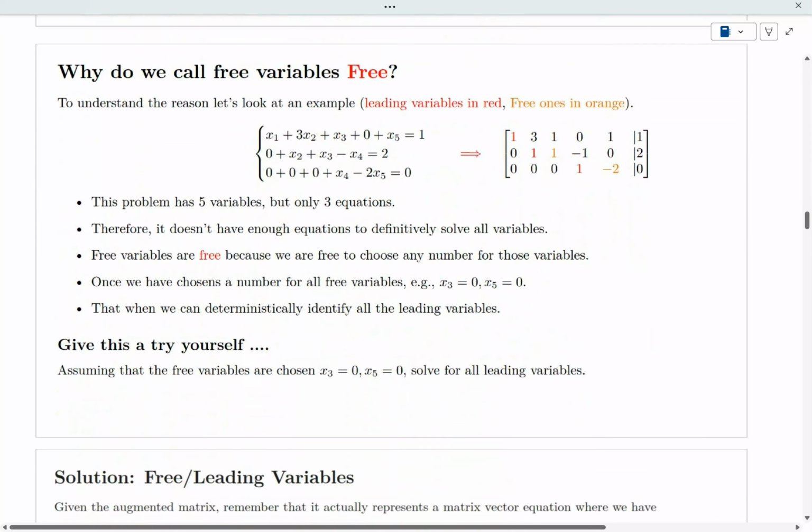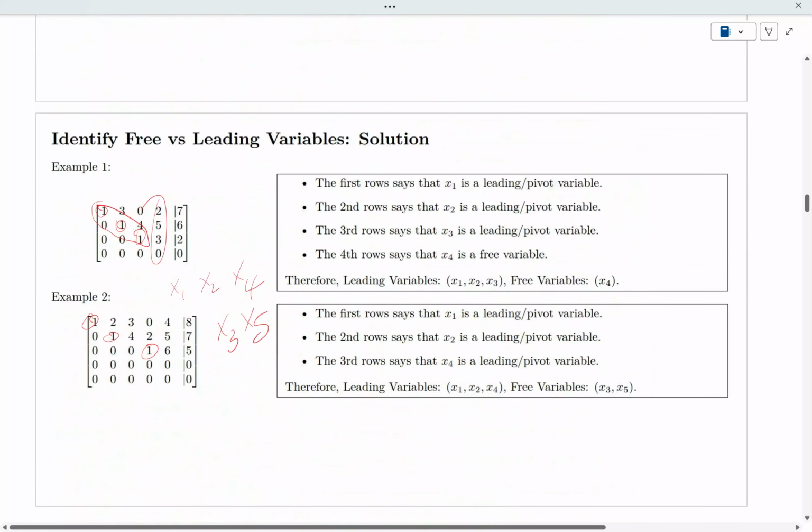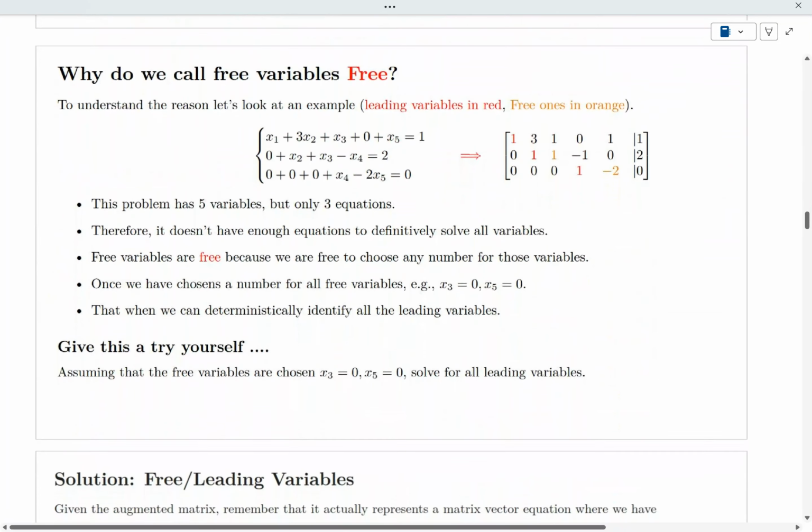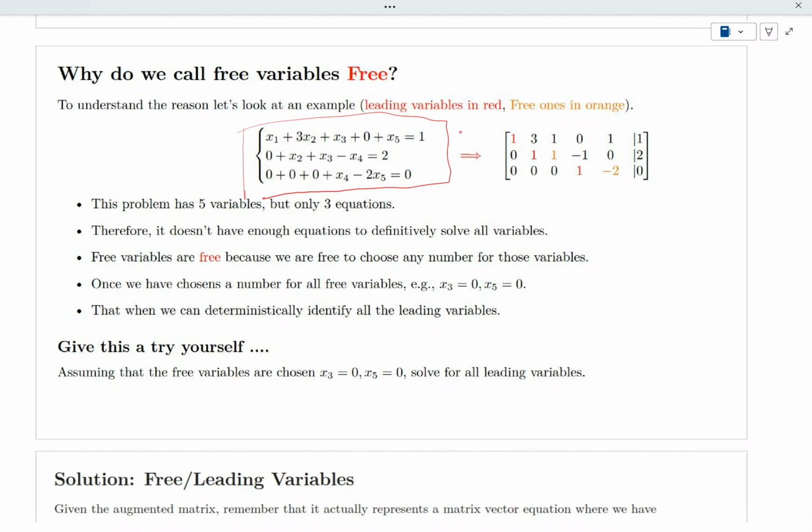So let's go over why we call it leading. Well, leading makes sense, right? Because it's the very first one. But why do we call it a free variable? And why is it important and necessary for us to identify leading and free variables? Well, let's look at this example, and we're going to convert this into an augmented matrix.